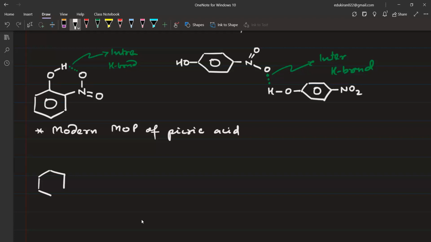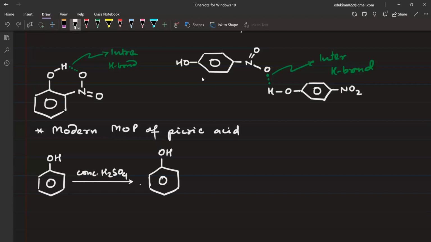Yes, sir. Done. So see, in the modern method of preparation of picric acid, we start with phenol and then we do sulfonation. For sulfonation, what do we require? We require concentrated H2SO4, and it is going to give you phenol with SO3H substituted on the ortho and the para position.